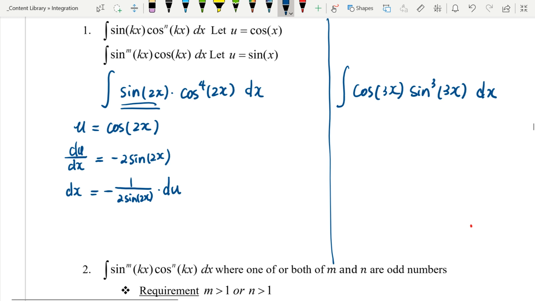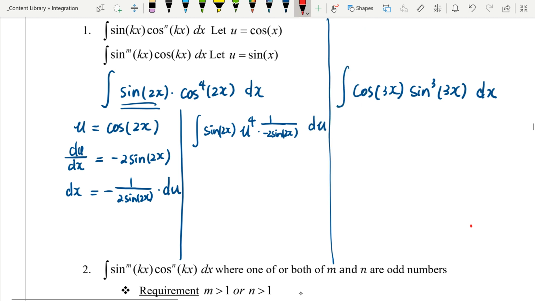So if I have a single sine and many cos, we substitute u to become cos. And then this equation will become cos becomes u, so that's u to the power 4, and 1 over negative 2 sine 2x du.